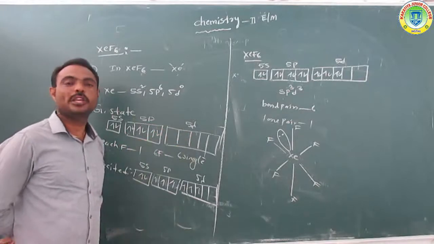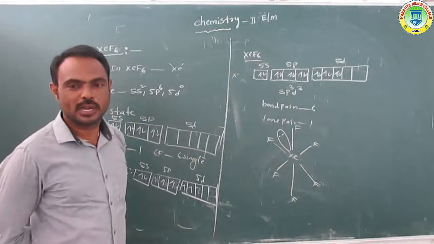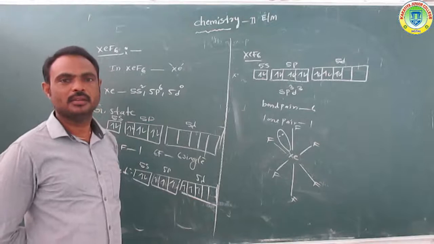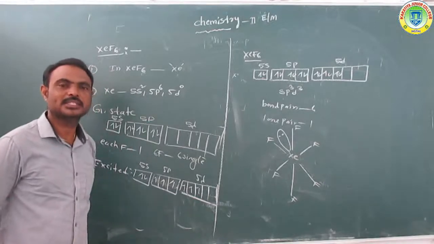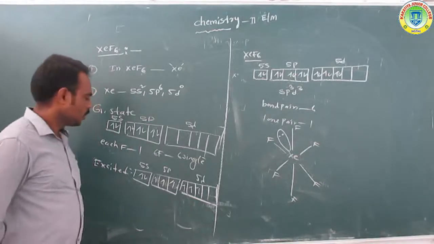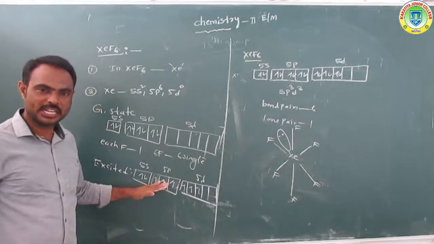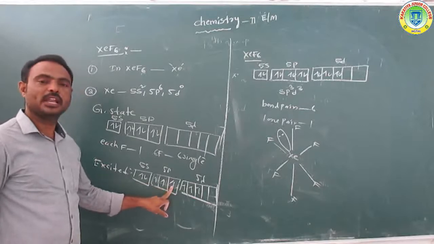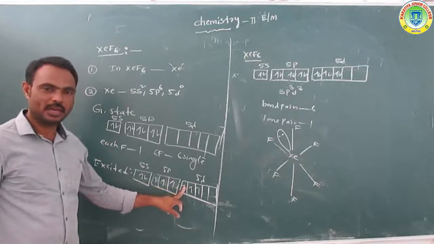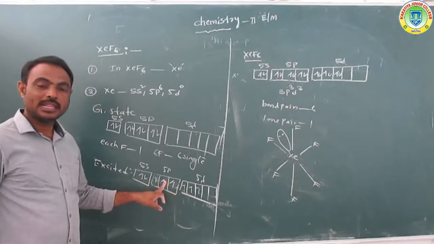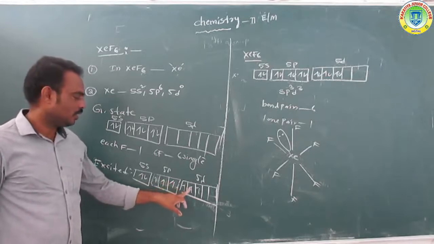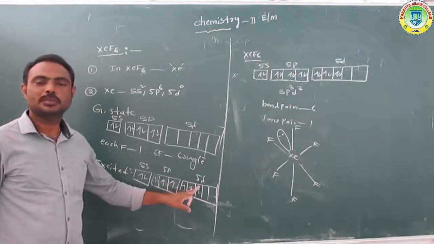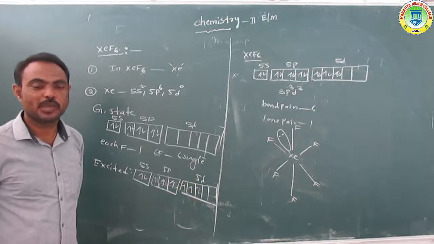But here, how many fluorine atoms? 6 fluorine atoms. Each fluorine atom contains 1 single electron, so 6 fluorine atoms contain 6 single electrons. So we must require an excited state. In the first excited state, 1 electron of the 5p orbital is jumped to the 5d orbital. Another electron of the 5p orbital jumps to the 5d orbital. A third electron also jumps to the 5d orbital from 5p.